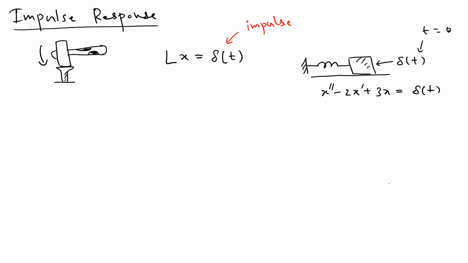Here the L operator is the differential operator: the second derivative, d squared over dt squared, minus 2 d over dt, and then plus 3. That is the L operator. We just pull the derivative part out. Actually it should be t, not x. So that's the L operator we are talking about, and that's the situation: how to solve this kind of system.